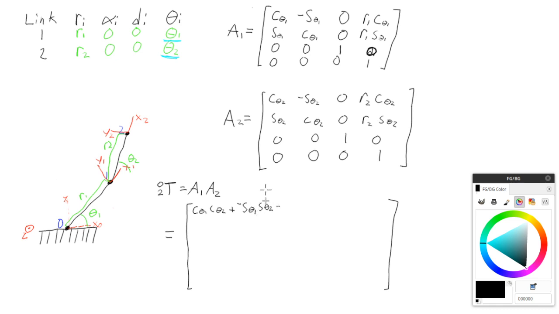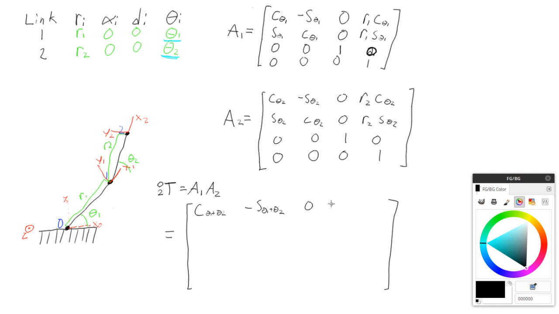Now I'm just going to go through and write what this matrix looks like in its final form. So we've got the cosine of theta 1 plus theta 2, and this next term is negative sine theta 1 plus theta 2. We got a 0 here, no surprise.